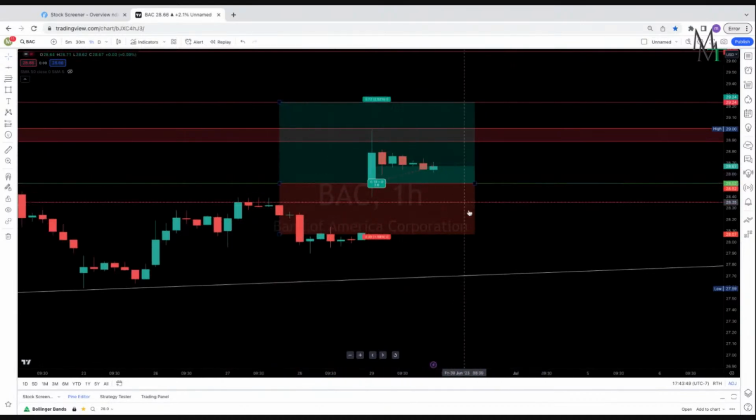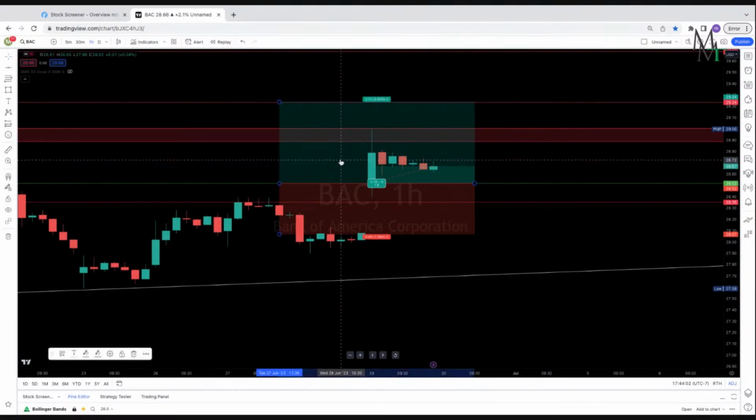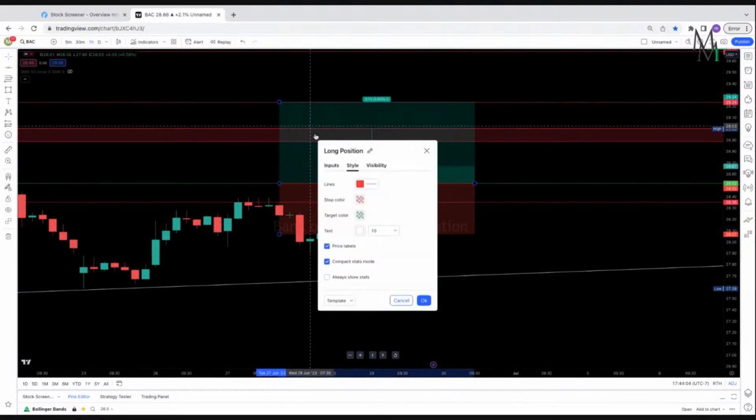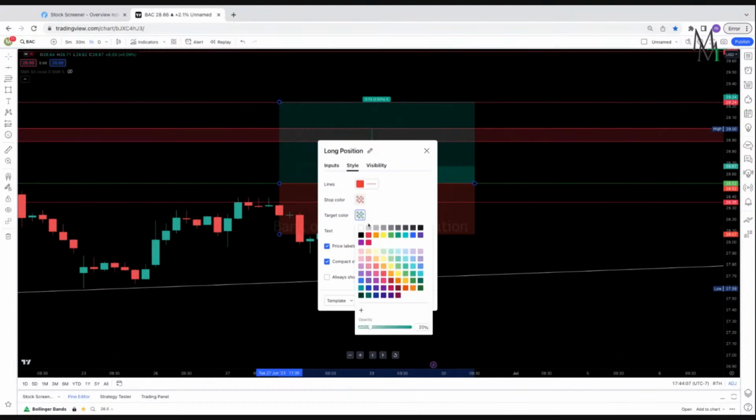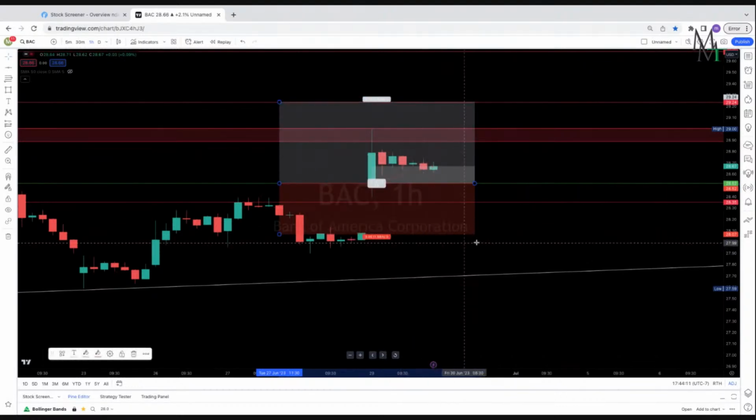Now we trade options, so I understand the premiums move differently, but you still need an idea, right? You still need an idea to know what you're risking and what you're gaining. Someone said change the color. Let me make the green a little bit transparent so you can see the candlesticks. Okay.